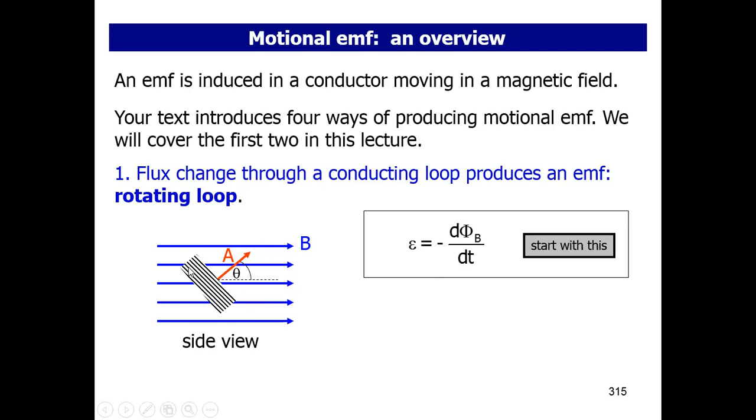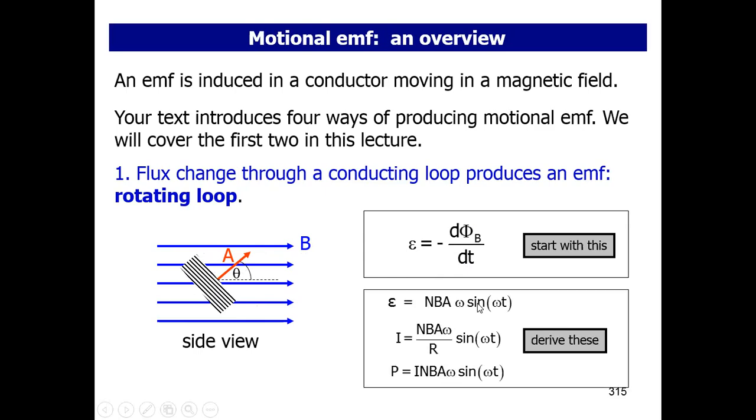This is a conductor placed in this field at some angle theta. When it is rotating, suppose the magnetic field is given like B is equal to B naught sin omega t, right?